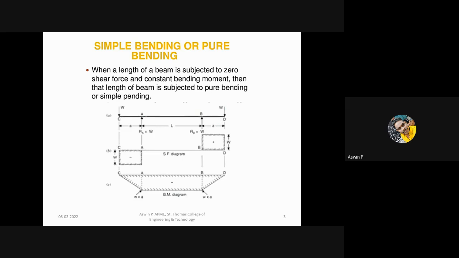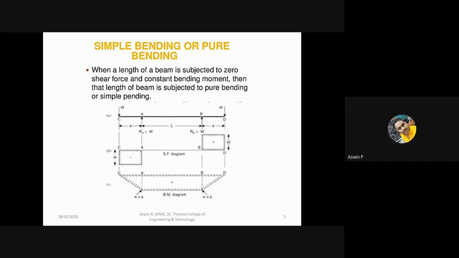Taking moment about A means W into (a plus L) minus W into L. When it cancels, you can write it on your paper and you will see that the moment at point A will become W into a. So this will be a horizontal line. And after that, when you are calculating at point C, the bending moment will come 0.